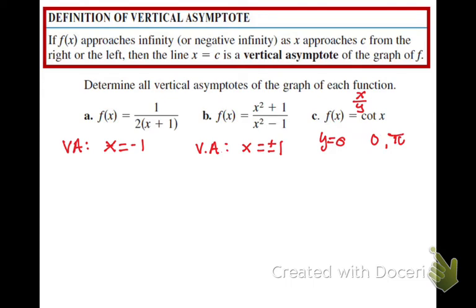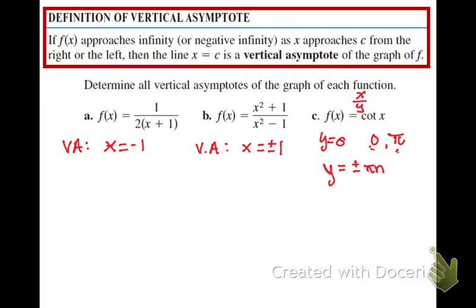So vertical asymptotes are at y equals 0, pi, and then it'd be 2 pi, 3 pi, 4 pi, 5 pi, right? So plus or minus pi n. So basically the domain, right? What it can't be.